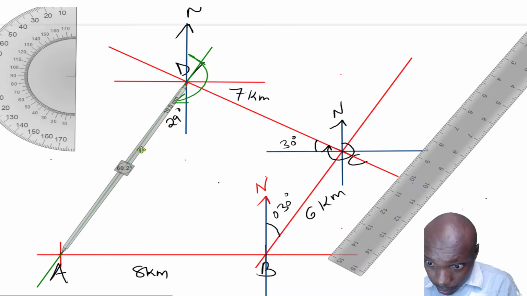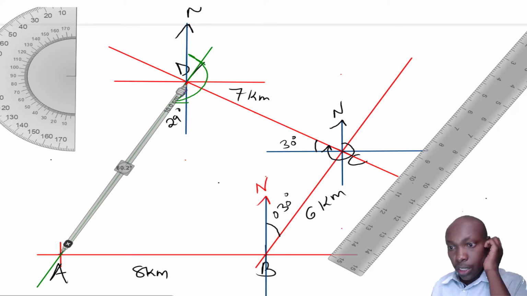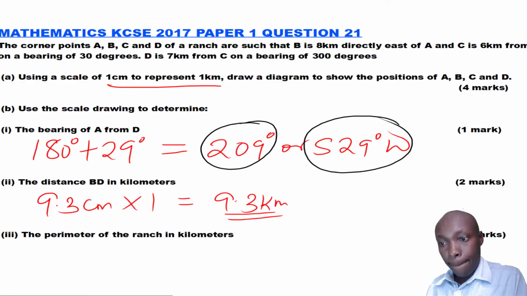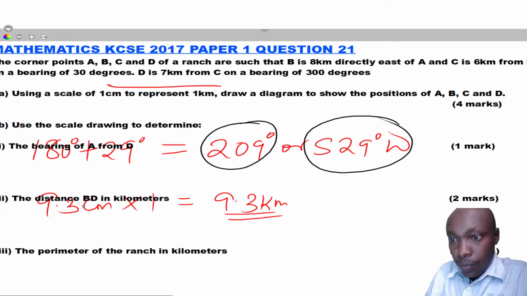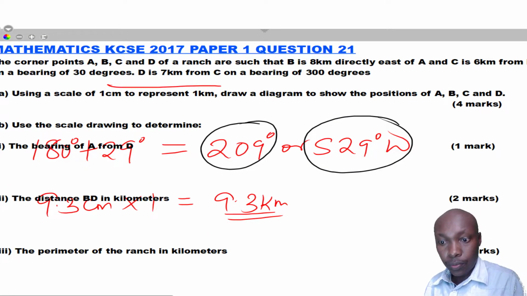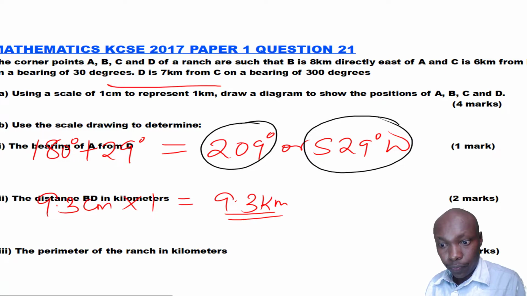Let me check whether I have that distance around 10.0 centimeters. So if it is 10.0 centimeters, AD, let me do something here.